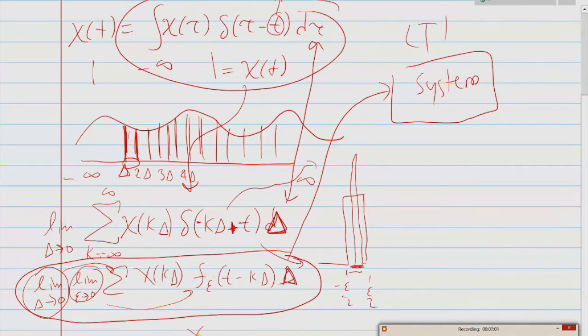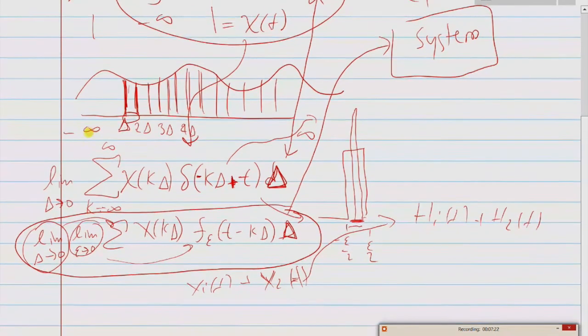So let's say I have inputs x1 of t plus x2 of t. The corresponding output is just equal to the sum of the individual outputs of each input, which is in this case h1 of t plus h2 of t, and so on and so forth.